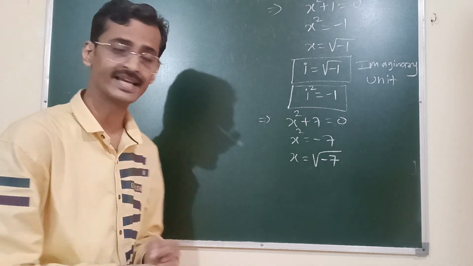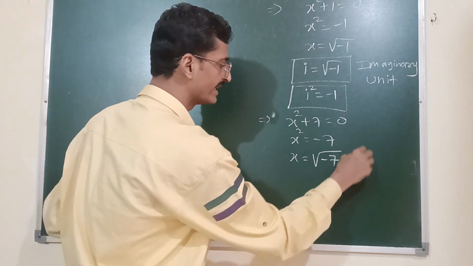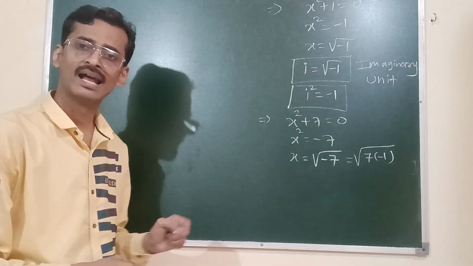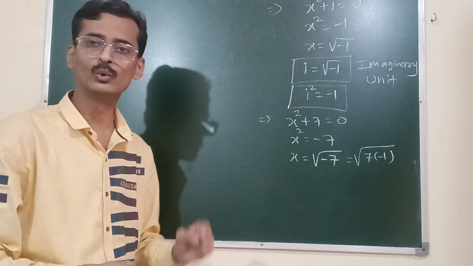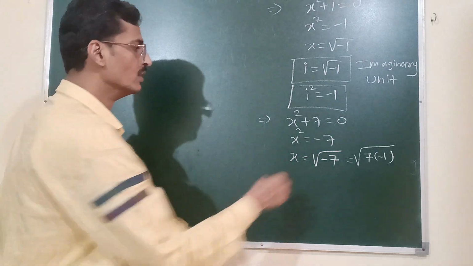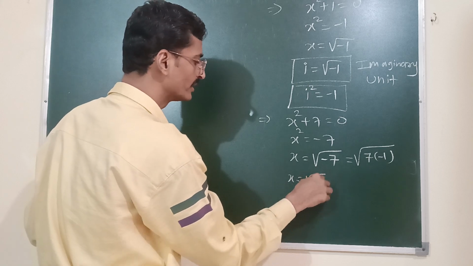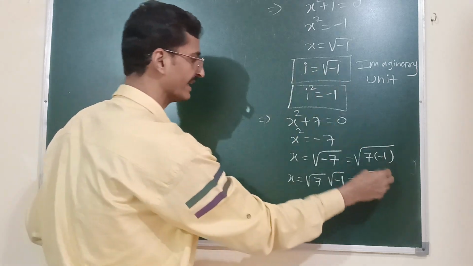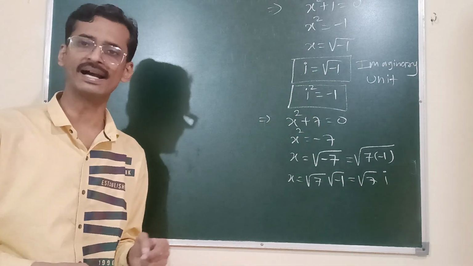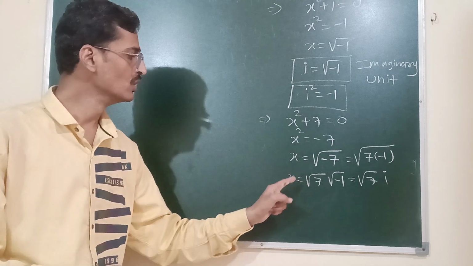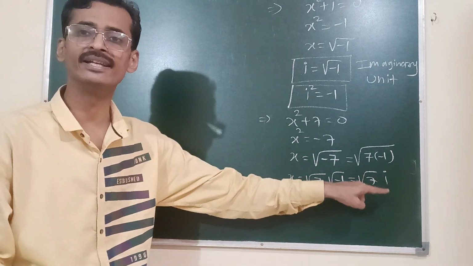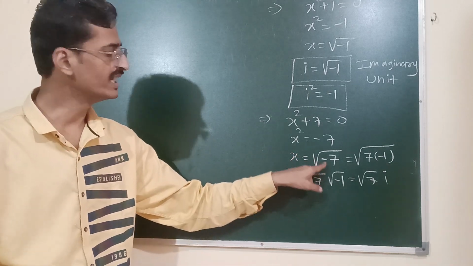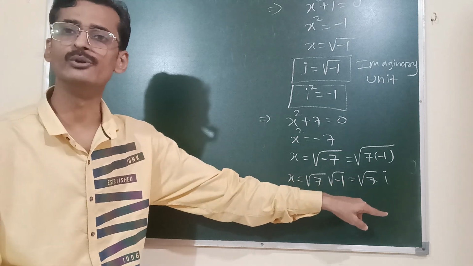Root of minus 7: we can write minus 7 as 7 into minus 1, and root of AB we can write as root A into root B. So x is root 7 into root minus 1. Now root of minus 1 is i, so this is root 7 into i. i is not inside the root. That means if x is root of minus 7, then x is root 7 into i.